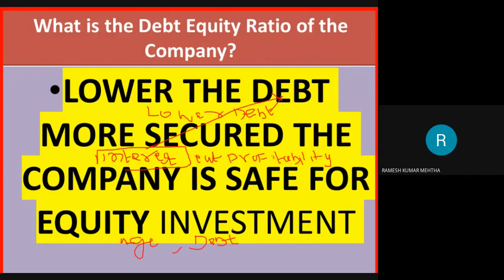On top of it, the companies have failed to declare good dividends because the earnings per share is very low. So debt should be very low, the debt equity ratio should be tilted towards equity, and the company should have borrowed less from bankers and financial institutions.